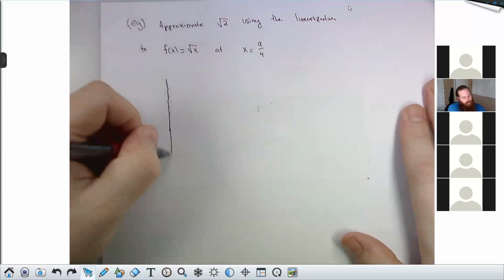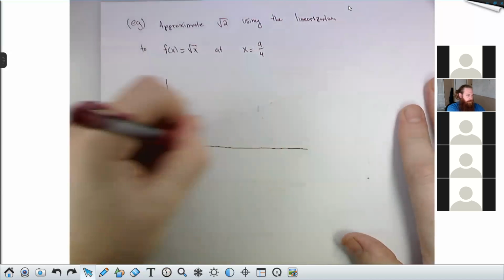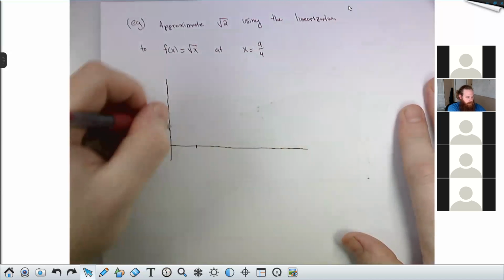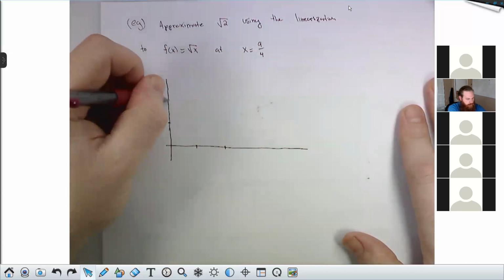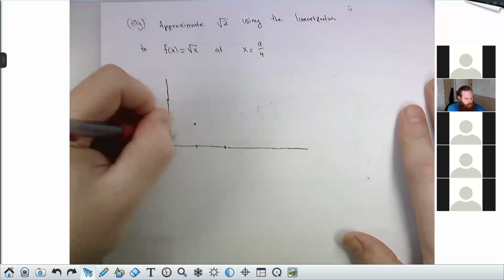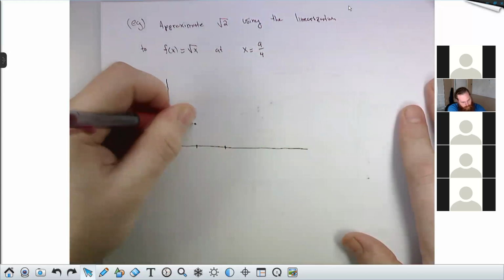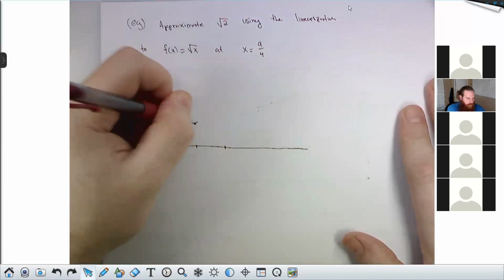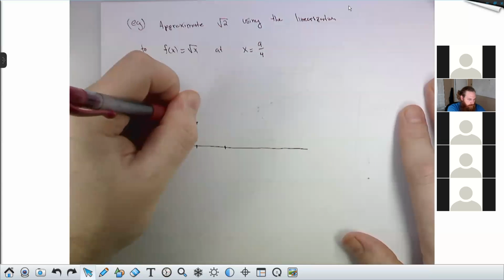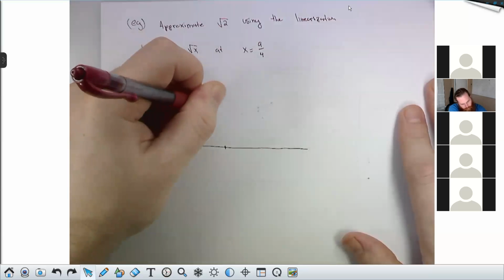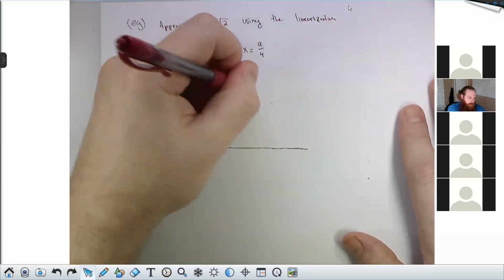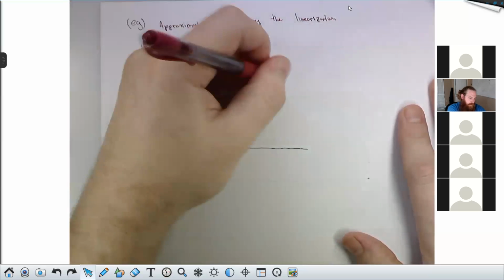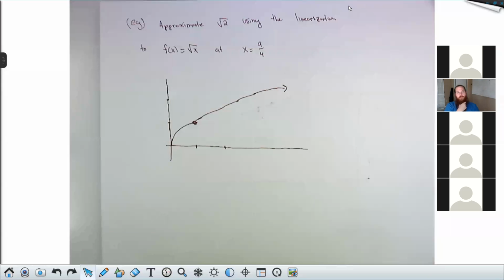So the picture here, I'll try to draw it very carefully. Here's the graph of the square root of x.